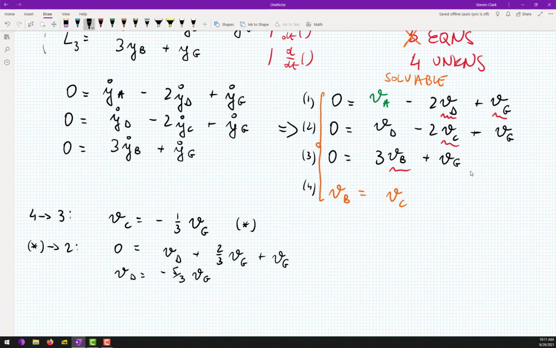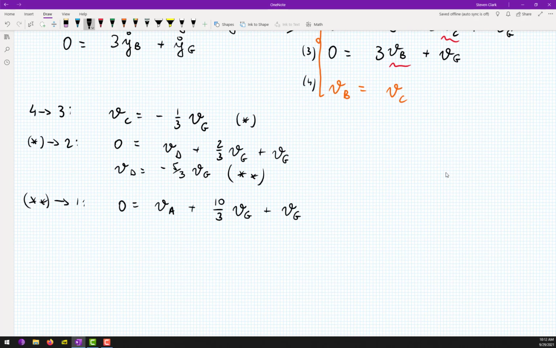That will be equation double star, okay? And now let's obviously plug equation double star into equation number 1. 0 equals VA plus 10/3 VG plus VG, okay? And triumphantly we will obtain the answer for part number 1. VG is equal to minus 3/13 VA.